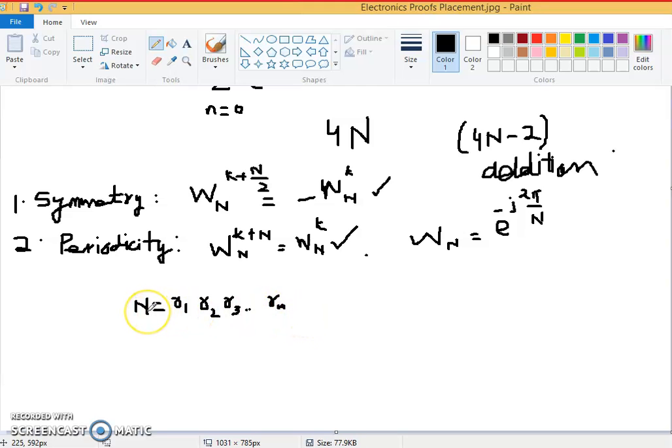That means if N is 8, it could be written as 2 into 4, or it could be written as 2 into 2 into 2. When this r is the same, it could be written as r raised to power m, and this r is called the radix.